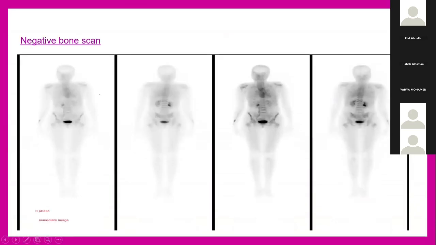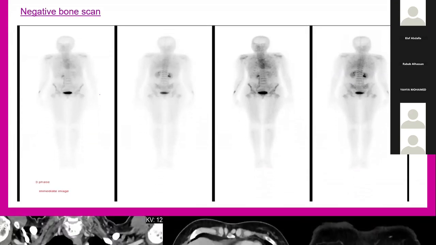The bone scan was negative, which might be expected in osteolytic rather than osteoblastic metastasis. Yes, it can be negative.